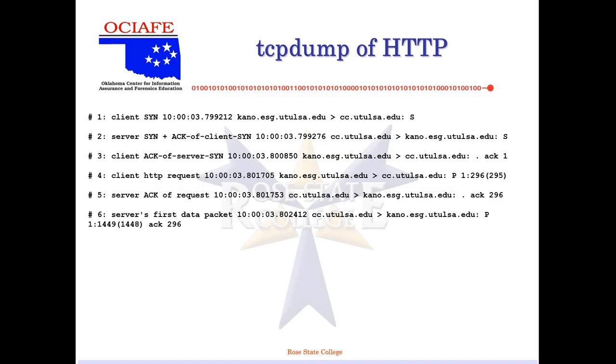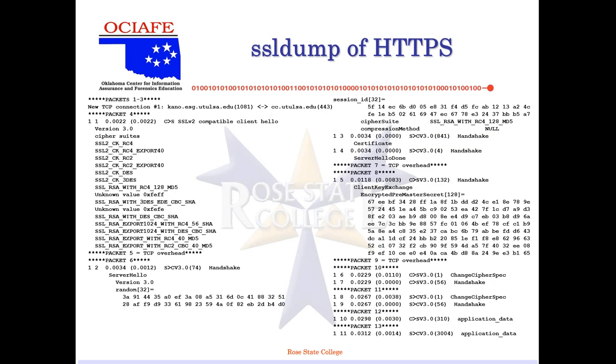Now, let's take that same TCP dump, but let's put it in an SSL. Here's what's going to happen. You're going to have that TCP connection. It's going to send the hello to them. And then you're going to get the information that says, okay, which way are we going to do it? We're going to do RC4, we're going to do RC2, triple DES, DES, MD5.